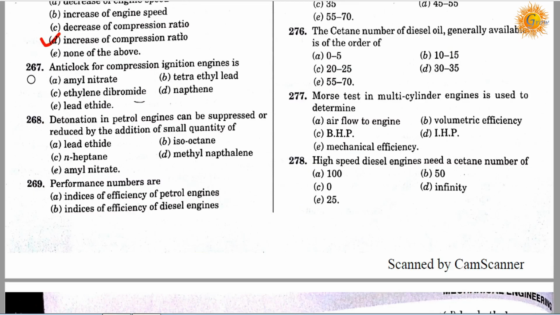Question number 267. Anti-knock for compression ignition engine is: option A, amyl nitrite; option B, tetraethyl lead; option C, ethylene dibromide; option D, naphthene; option E, lead ethide. So the correct answer will be B, because it's tetraethyl lead.